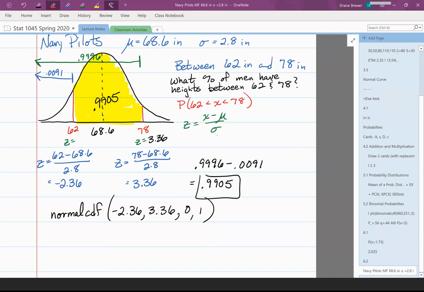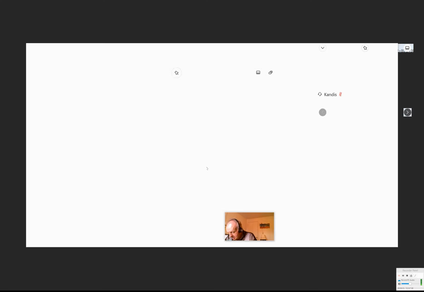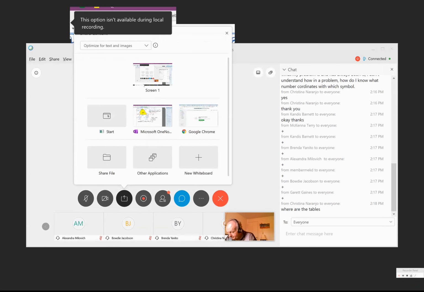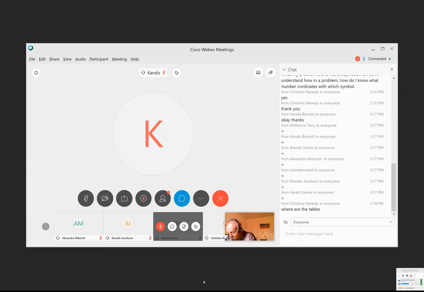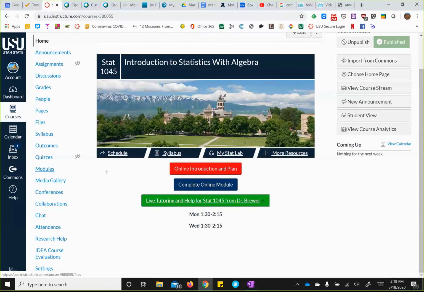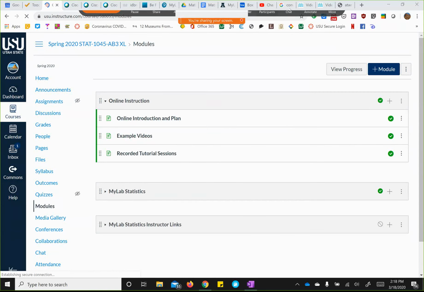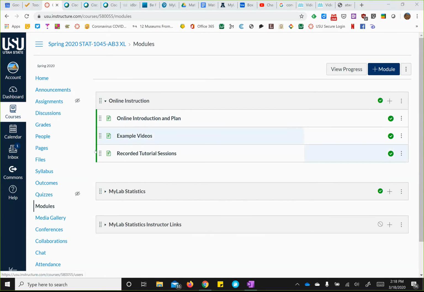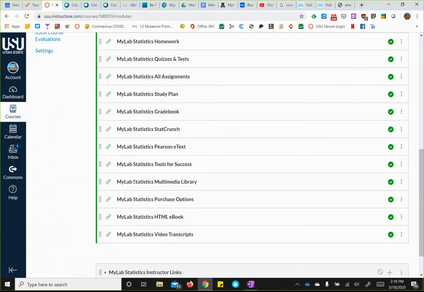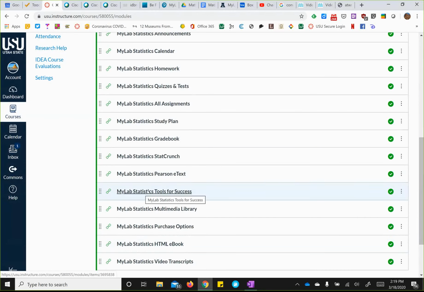The tables. Let me go back here and show you this way. So the tables you can find, I think we found them in MyStatLab. You should be seeing me on Canvas right now. MyStatLab, let's get there, MyStats. And I think they were under Tools for Success.